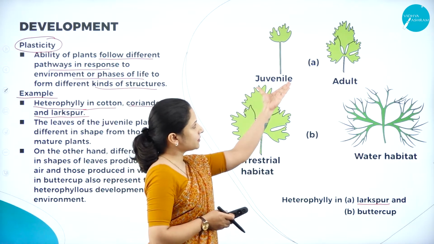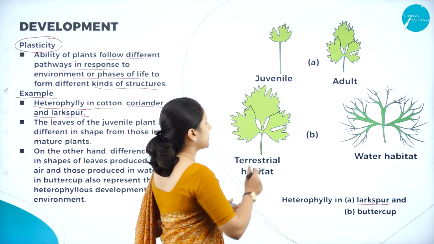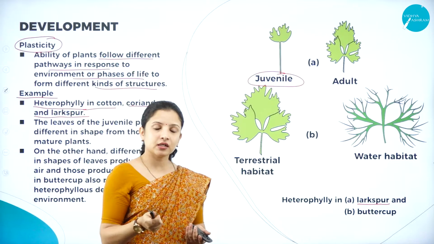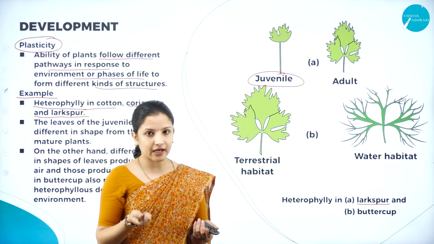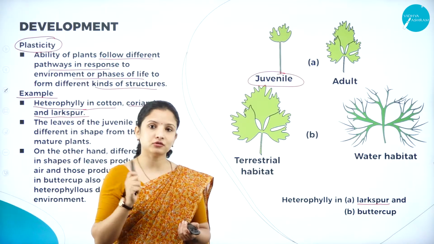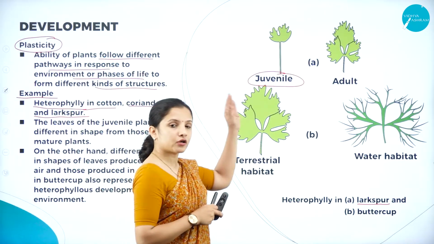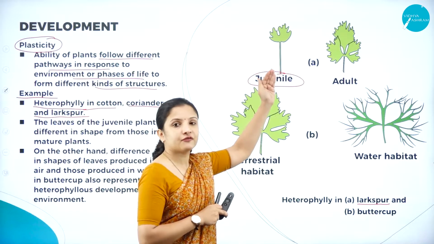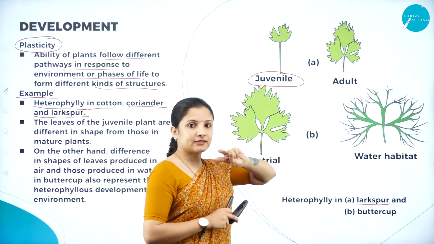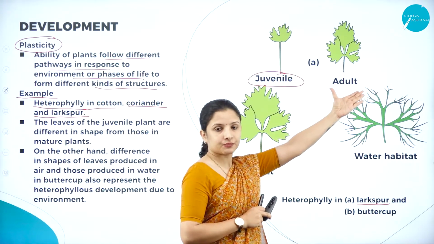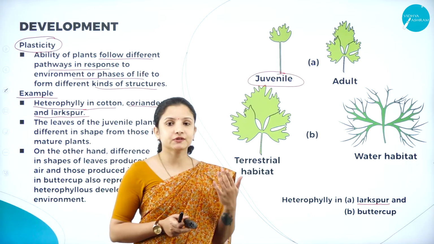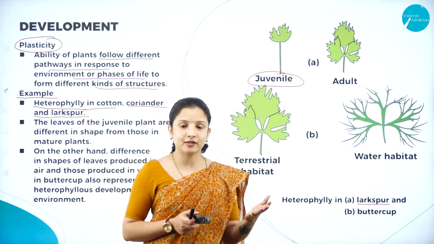If you see the leaf in the younger stage, that is the juvenile phase. I told you plasticity can occur because of environmental factors and also because of the phases of growth. Here we are talking about plasticity in terms of phases of growth. Here you are seeing heterophily. In one plant itself you are seeing two kinds of leaves. Coriander, that is dhania leaf, is also one of the best examples of heterophily.